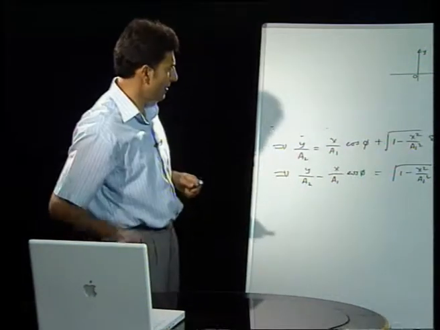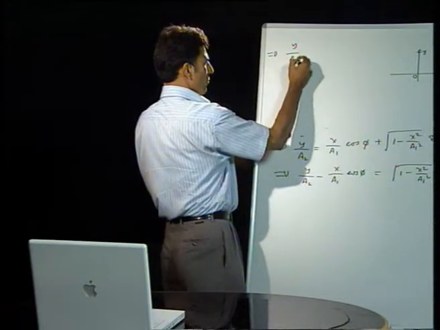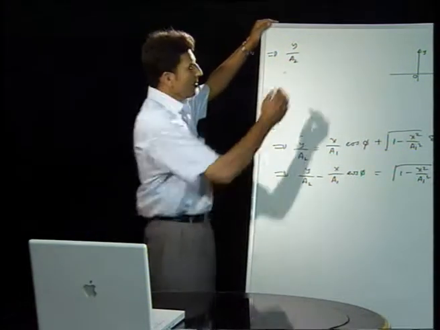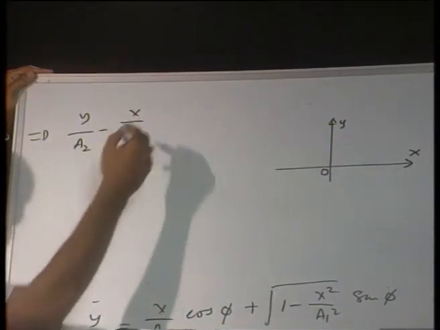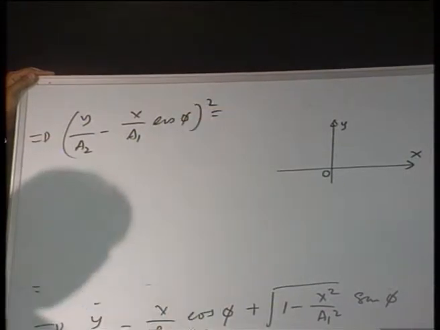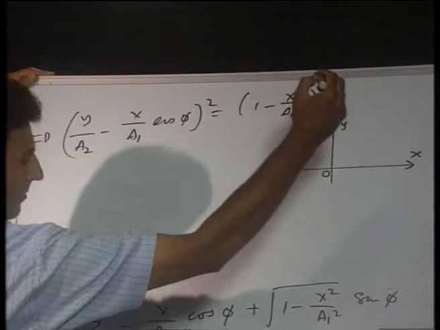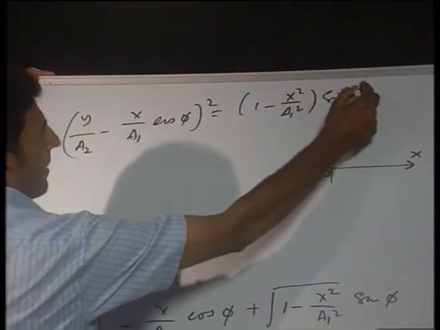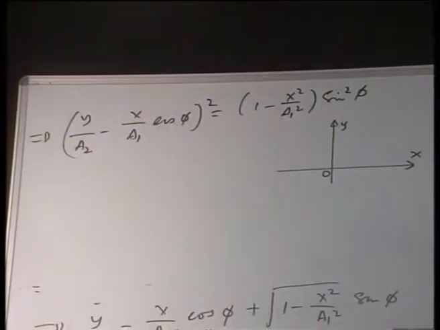If we square the equation, we get Y by a2 minus x by a1 cos phi square is just equal to 1 minus x square by a1 square sine square phi. If we rearrange the terms, we get this equation.